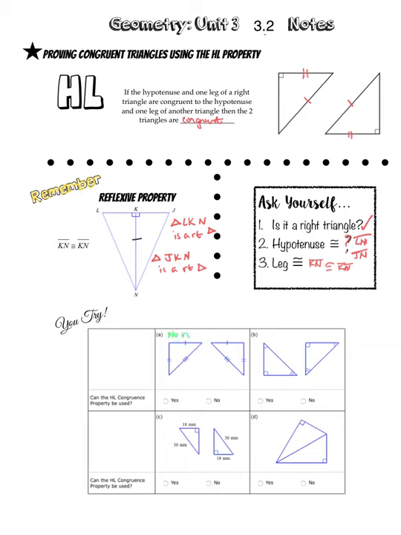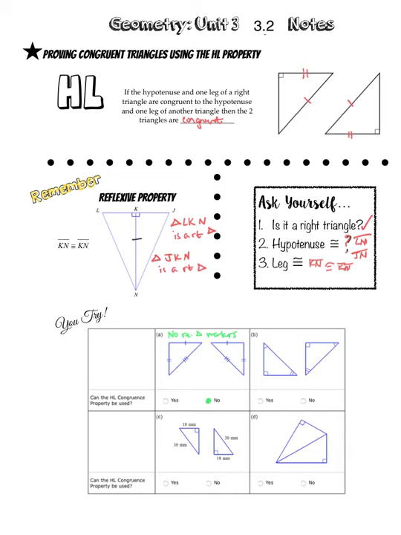No right triangle markers. We don't know. So we cannot use hypotenuse leg. We're not saying the triangles are not congruent, but I cannot use the hypotenuse leg property to prove it because nothing in either of those triangles shows me a right angle.